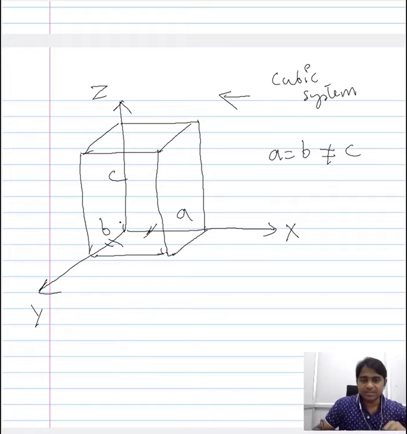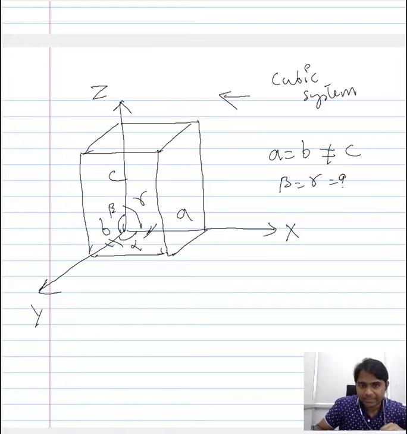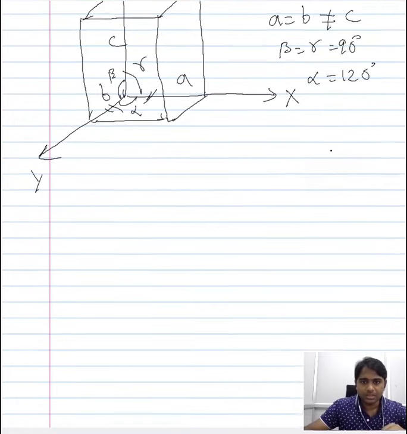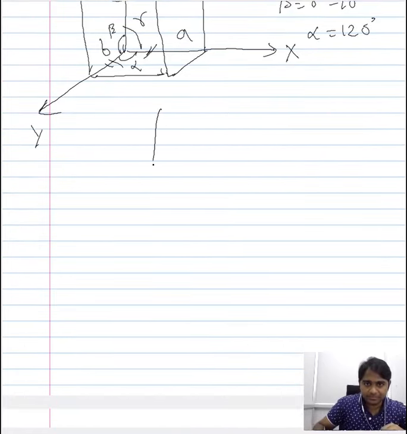And similarly, the angular dimensions also vary. If you assume this to be alpha, this to be beta, and this to be gamma, you have an equality between beta and gamma, and that is 90 degrees, but alpha is 120 degrees. So this particular unit cell is of this form.